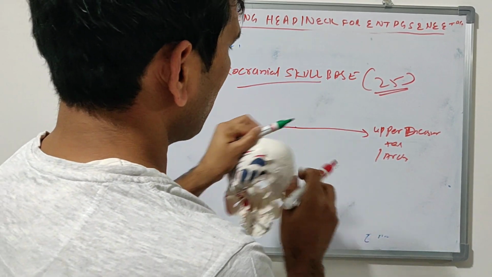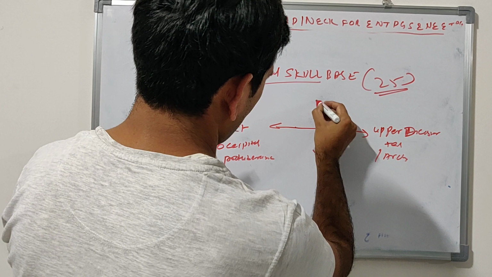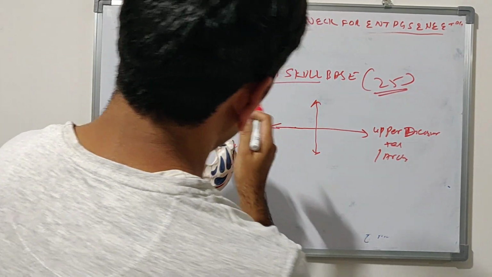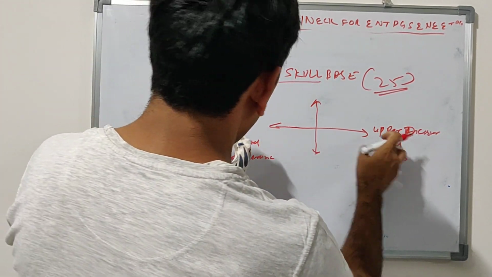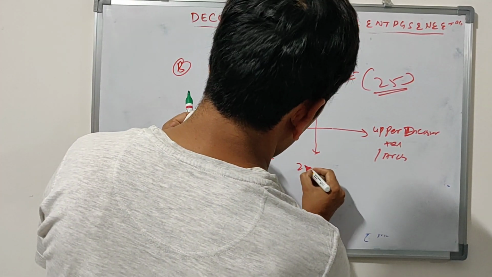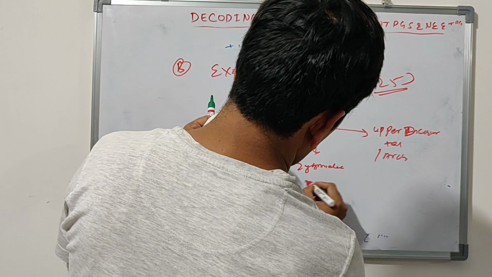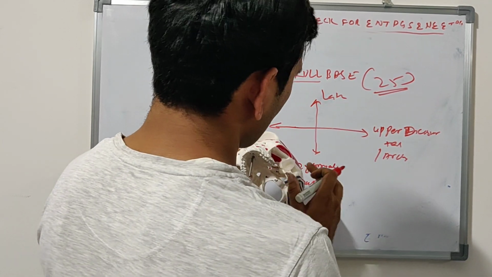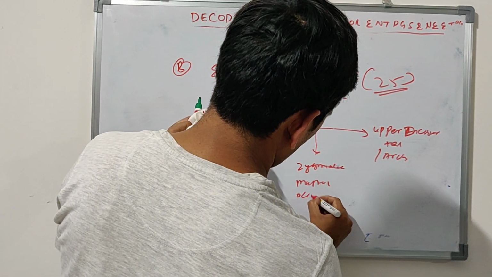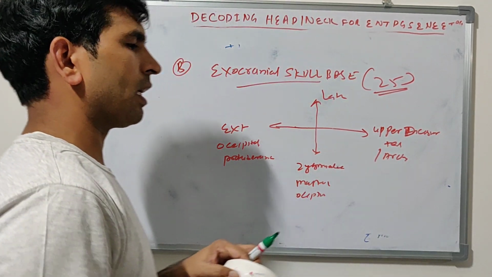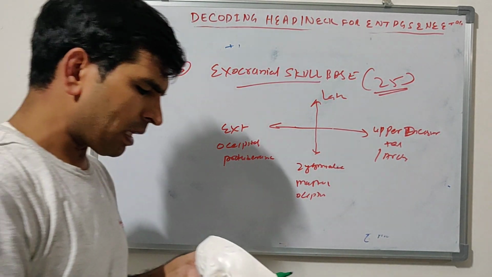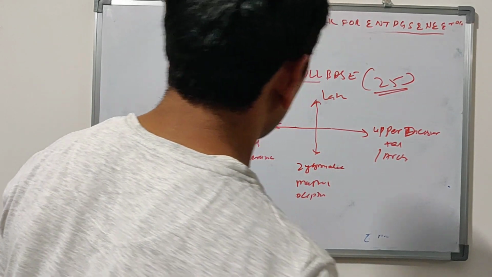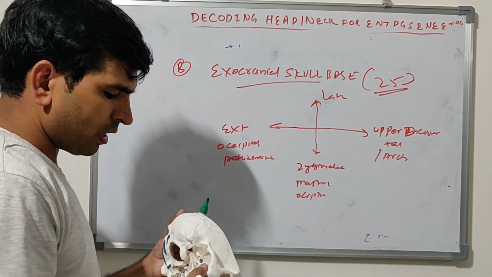Laterally it extends from the upper alveolar arch to the zygomatic mastoid on both sides, and the occipital superior and inferior nuchal lines, mainly the superior nuchal line, or sometimes there may also be a supreme nuchal line above the superior. This is the extent of the exocranial skull base.